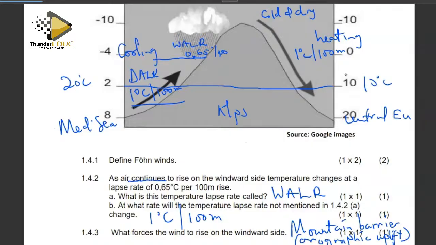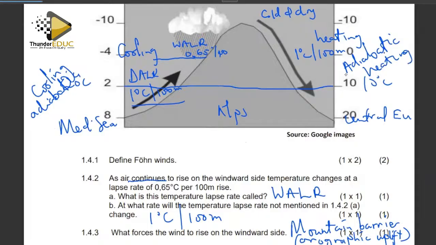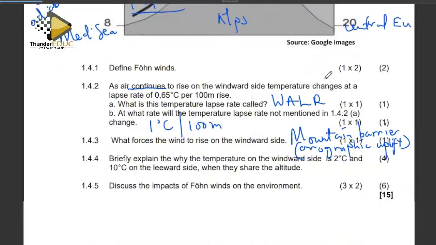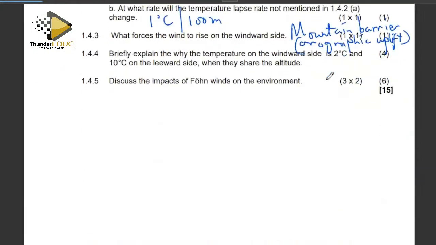It's because here, the air is cooling. On the windward side, there's adiabatic cooling. And on the leeward side, there is adiabatic heating. That is why the temperature is lower here, because the air is cooling down. But as it's descending, the air is now heating up. So at the same altitude, we have different temperatures for that reason.